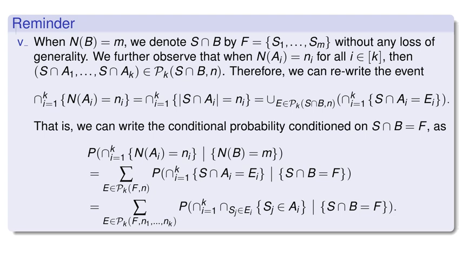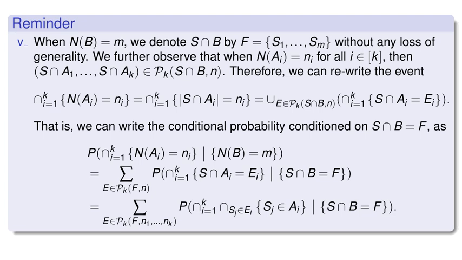We further observe that when N of A_i equals n_i for all i from 1 to k, then the collection S intersect A_1 and so on till S intersect A_k forms a k partition of S intersect B according to the counts n. This means it's an element of script P sub k of S intersect B, n.